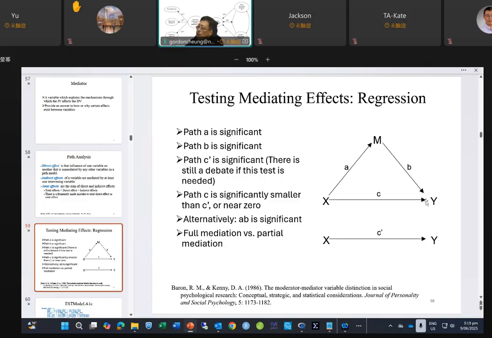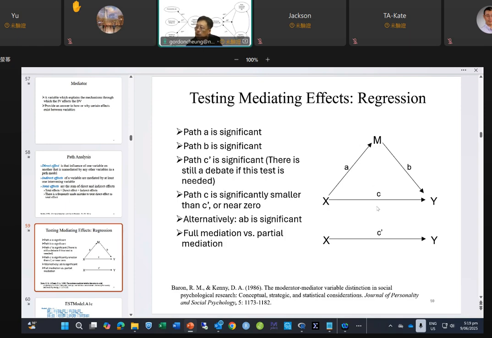Now, if your AB is significant and C is also statistically significant, then we will say that not all the effects go through M, because there is some significant effect that goes from X to Y. Then we will call this a partial mediation. Only part of the effects go through M. If C is not statistically significant, then we will call this a full mediation. That means all the effects from X to Y go through M.